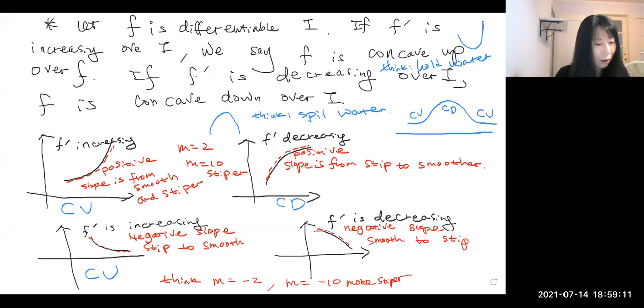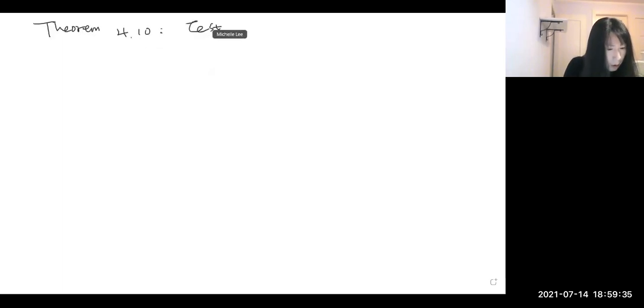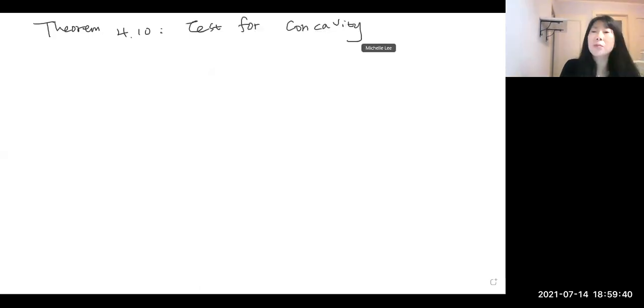Okay, then we have the test here, the concavity test. Theorem 4.10, test for concavity. Concavity means concave up or concave down.